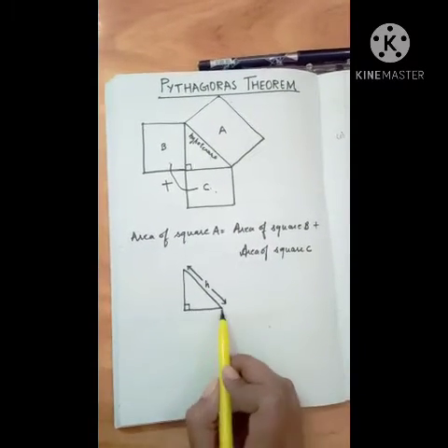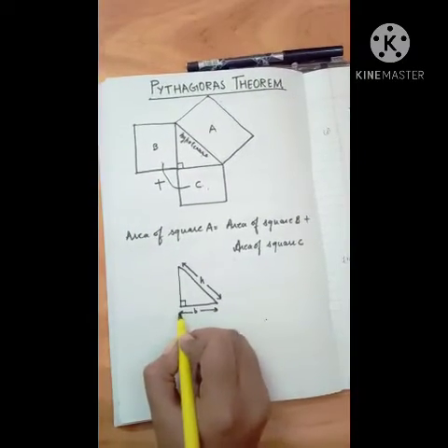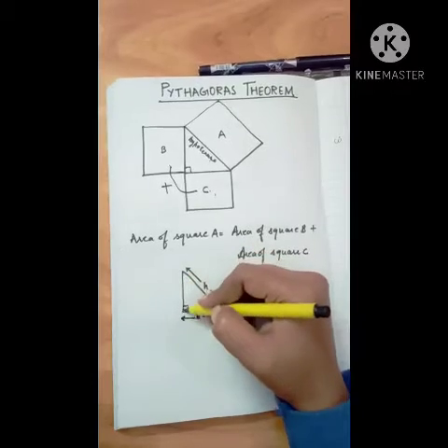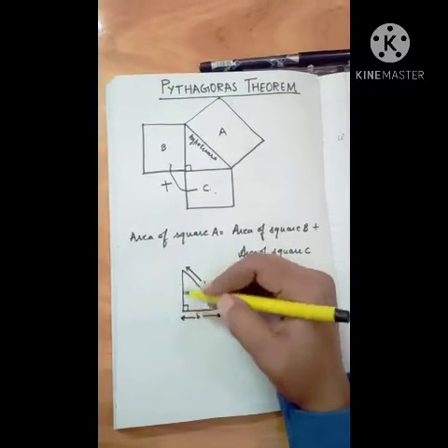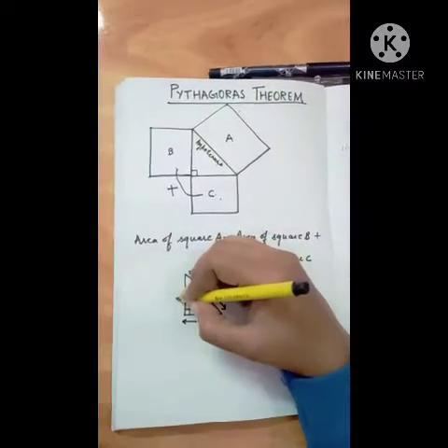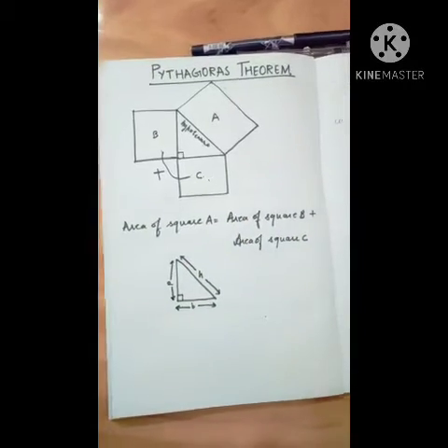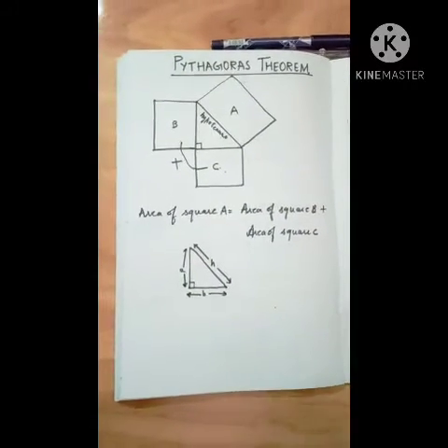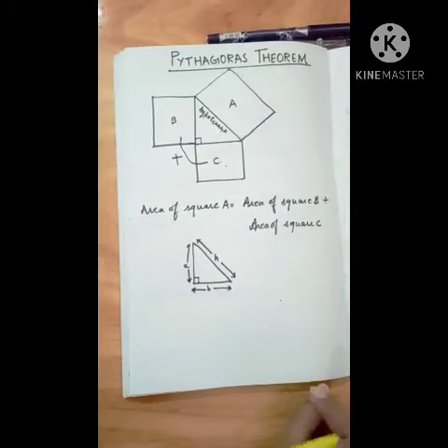This is the base of the triangle, the small letter b, and this is the perpendicular side of the triangle, p. This is the perpendicular.